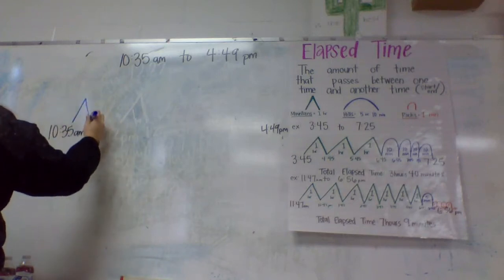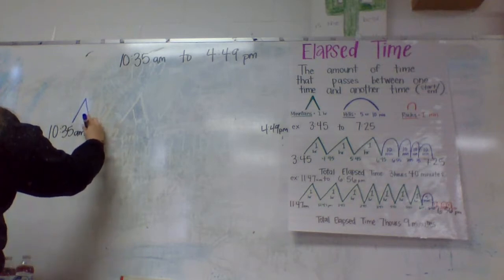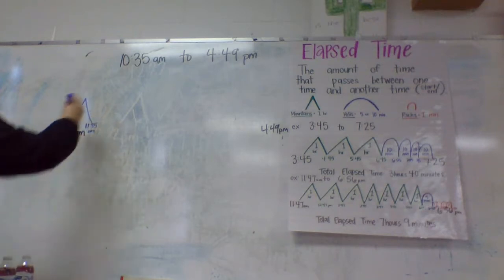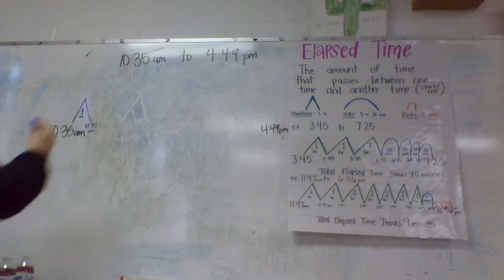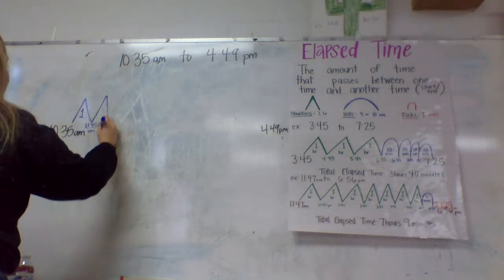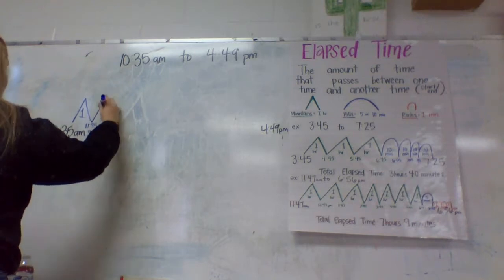So if I do one mountain, 10:35 plus 1 hour, that puts me at 11:35 a.m. Well, I know I can do another mountain. 11:35, 1 hour from that puts me at 12:35 p.m. Now I'm in the afternoon.